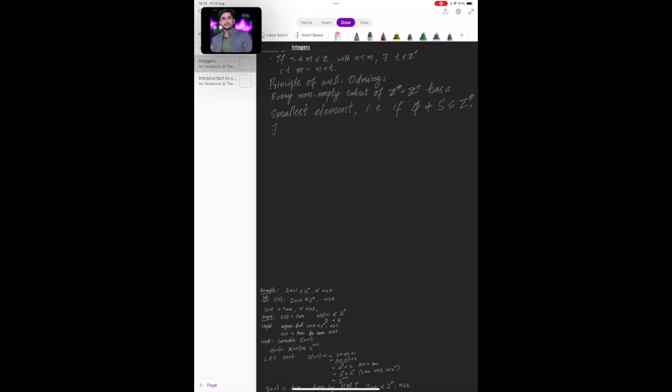Then there exists some X in S such that X is less than or equal to Y for all Y in S. Okay. So for every non-empty set of positive integers has at least one smallest integer existing in every set.